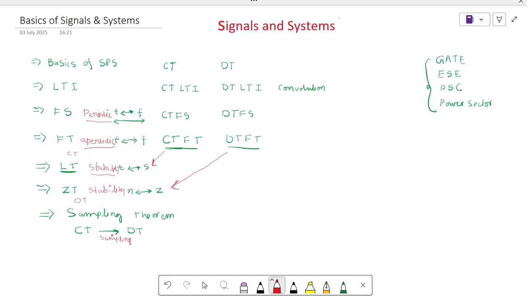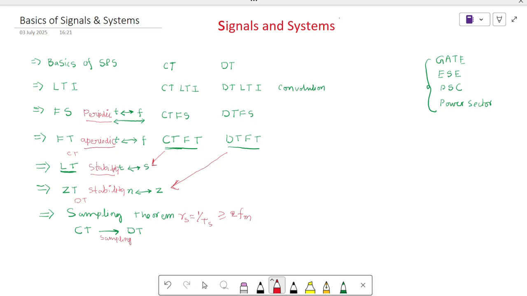In the sampling theorem, there is only one condition. If you want to convert continuous time to discrete time, we need to follow one condition: the sampling rate 1 by Ts, also written as Rs, must be greater than or equal to 2 times the fundamental frequency, that is 2fm.